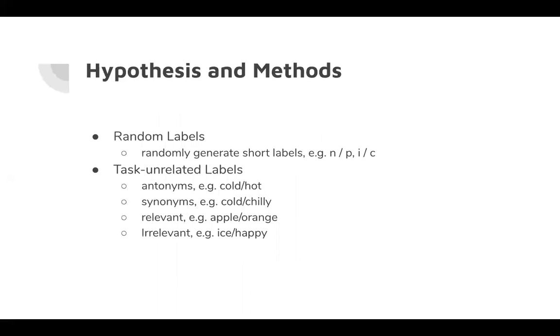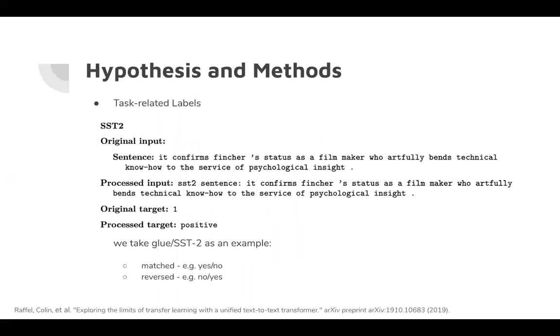We then tried randomly generated strings as labels to see whether the labels need to make semantic meanings at all. We also tried task-unrelated strings, including antonyms, synonyms, relevant strings, and irrelevant strings. Finally, we tried task-related labels, including both matched labels and reverse labels.